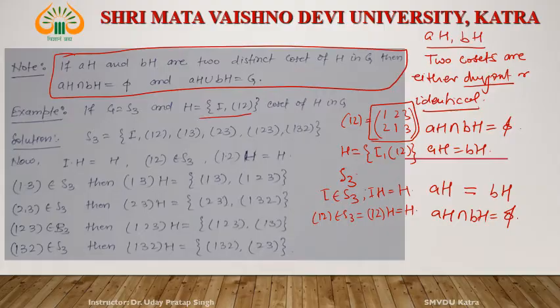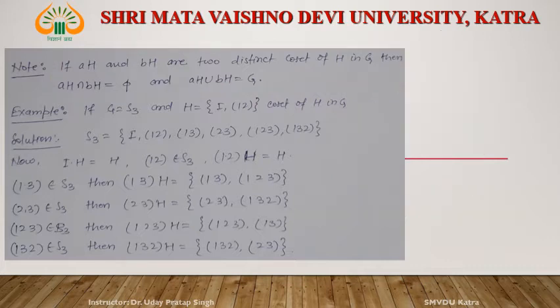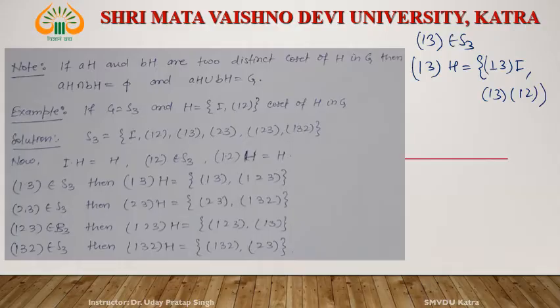Now let us see the other elements. What are the other elements of S3? Another element of S3 is (1 3). Now what is (1 3)H? That is (1 3)I and (1 3)(1 2).